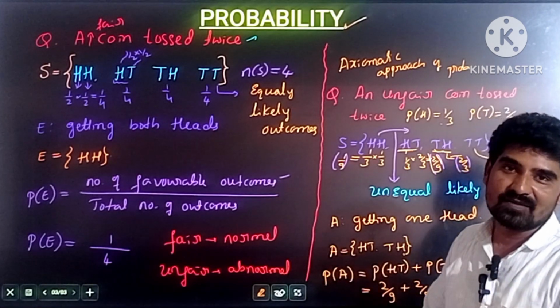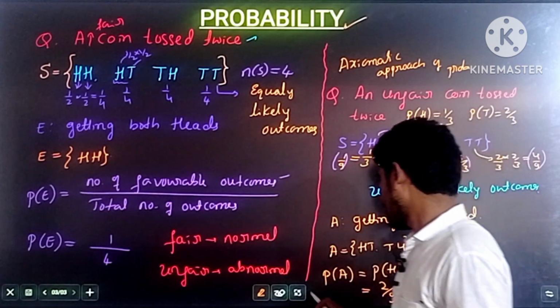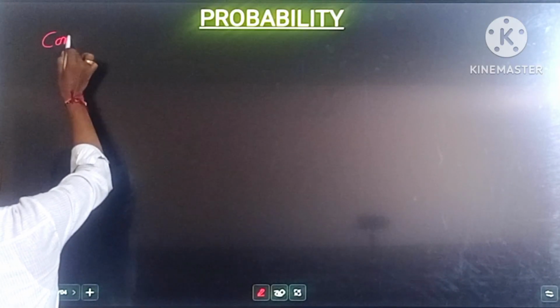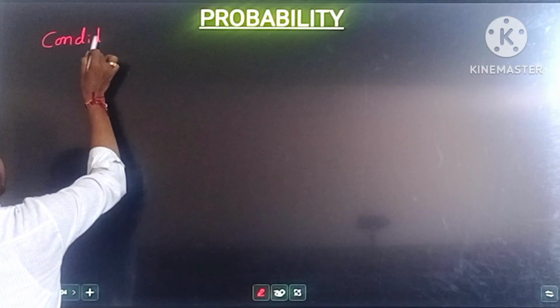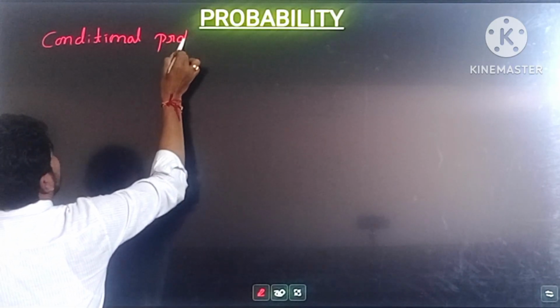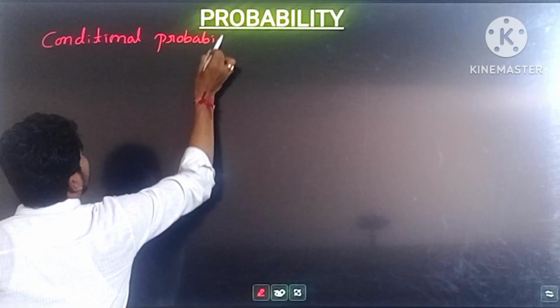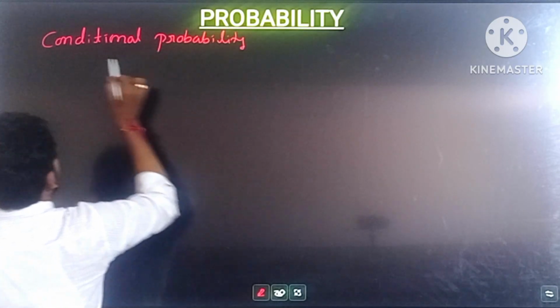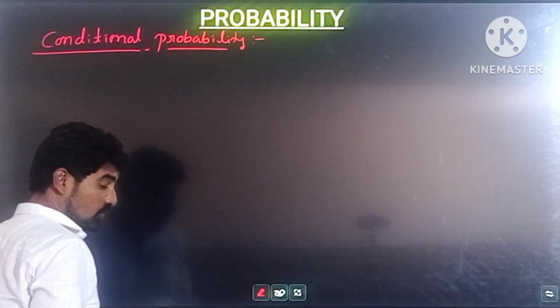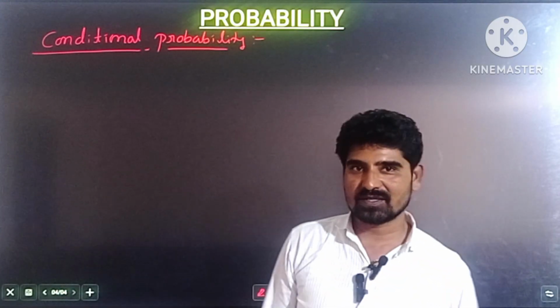So let's start the concepts of the second division. The first concept of class 12th probability is conditional probability. Observe what is meant by conditional probability. This is also a most important concept to understand the upcoming concepts.